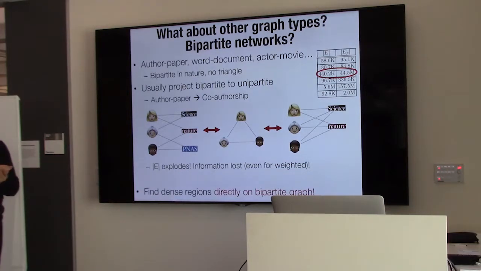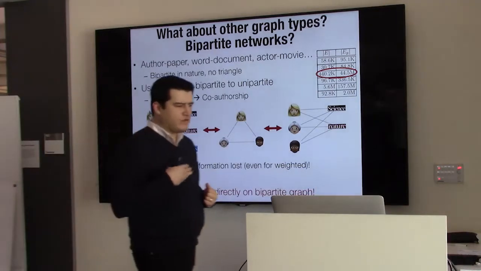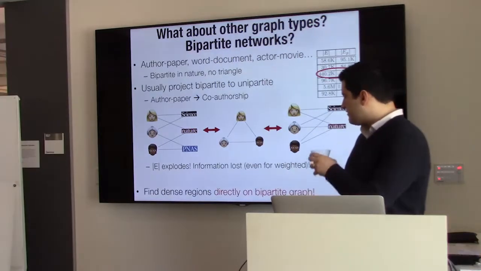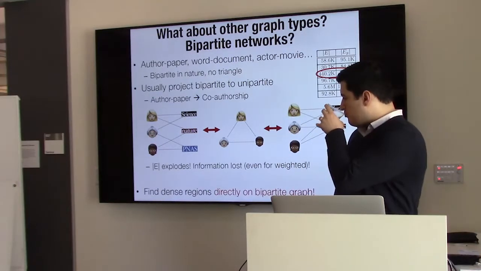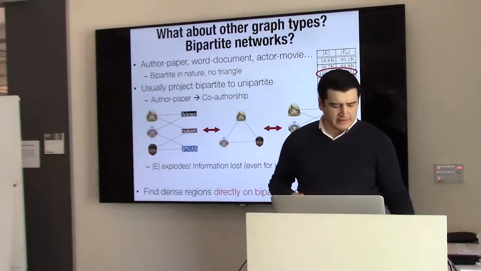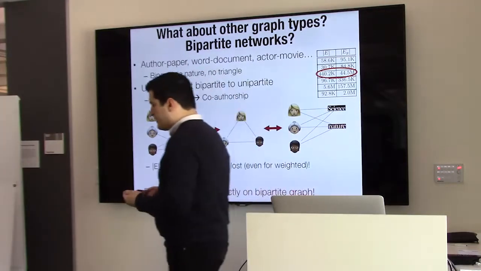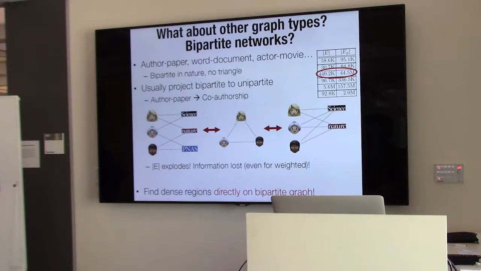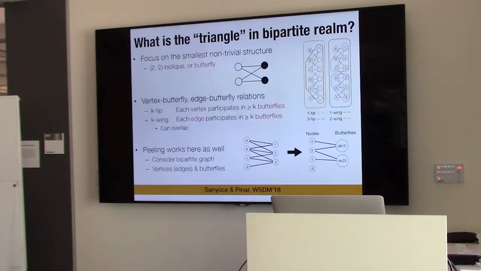And our idea was, why don't we just focus on the bipartite network directly and define some kind of triangle-like subgraphs to apply those truss, core, and nucleus kinds of decompositions. And the related question, of course, is what is a triangle in the bipartite realm?